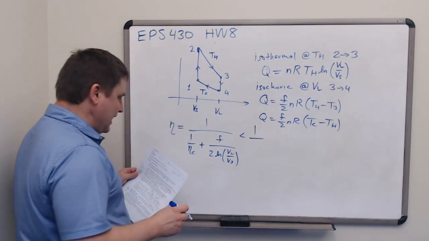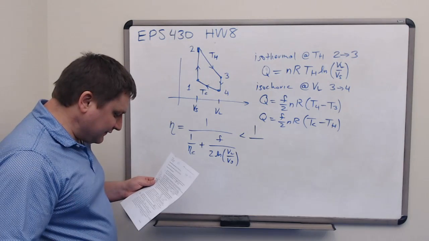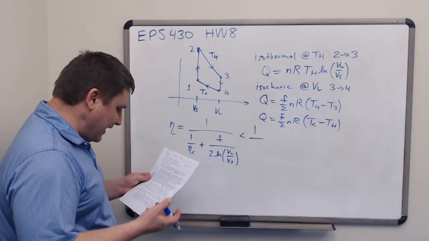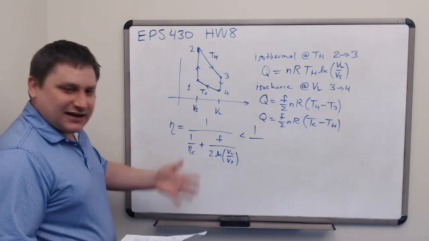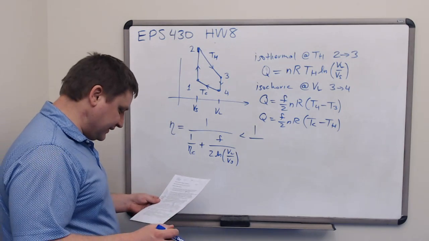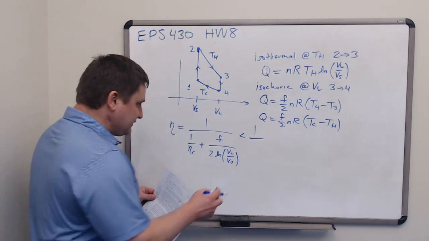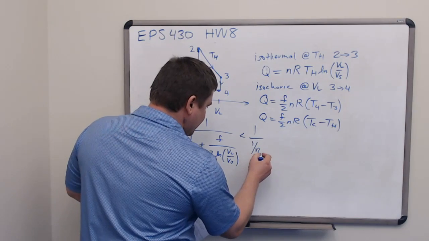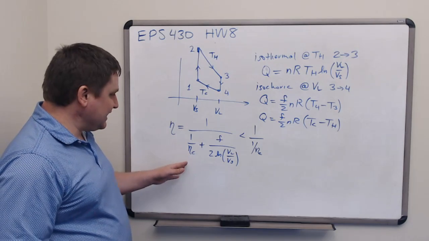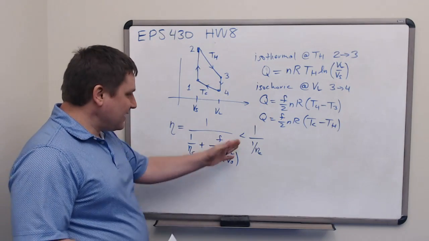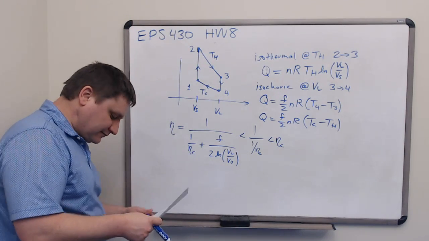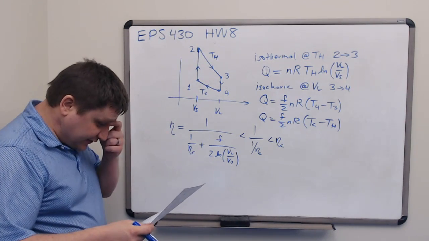Okay, and if you simplify your answer, then it can get down to this. And when I say to write it in terms of gamma, writing it in terms of F is okay because F and gamma are just in a sort of one-to-one relationship. So this is clearly going to be less than 1 over eta c because you're adding something in the denominator, and so that's going to be less than the efficiency of the Carnot engine. Okay, so that's question 2.